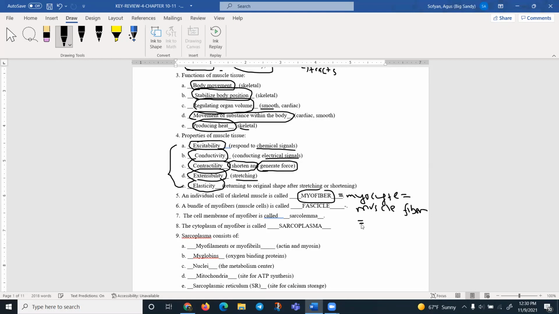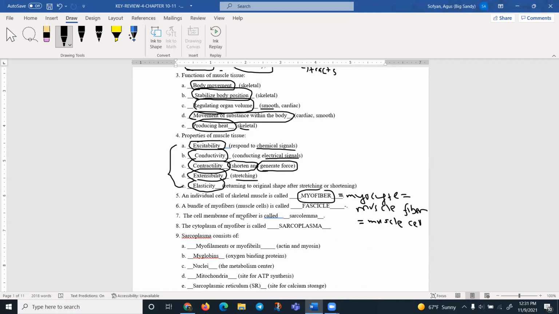And of course, it is also called the muscle cell. Okay, so these are the several names of the muscle cell. Okay, myocyte, myofiber, muscle fiber, muscle cell, they're all the same.